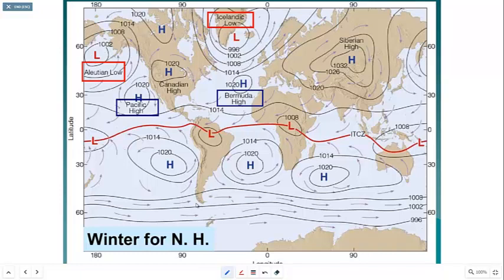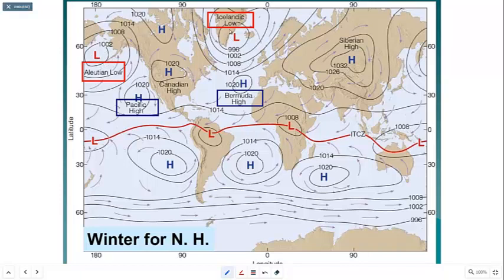So we have these features on the map, and identified those that will affect the North American continent. The Aleutian Low is located in the Gulf of Alaska in association with the Aleutian Islands off of Alaska.